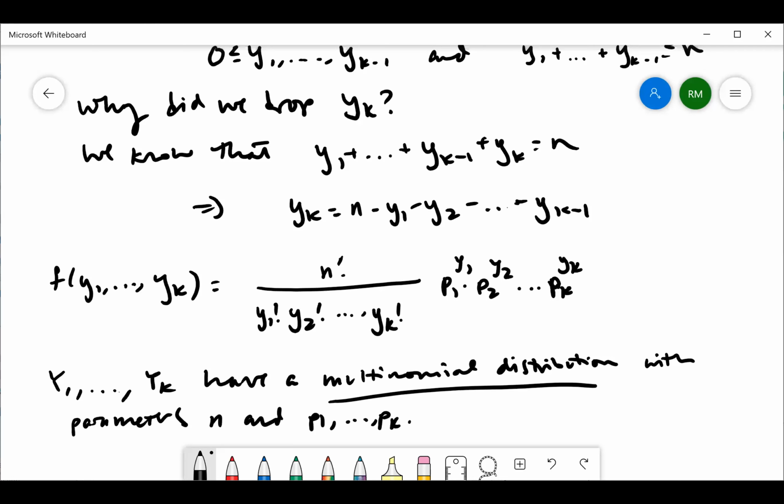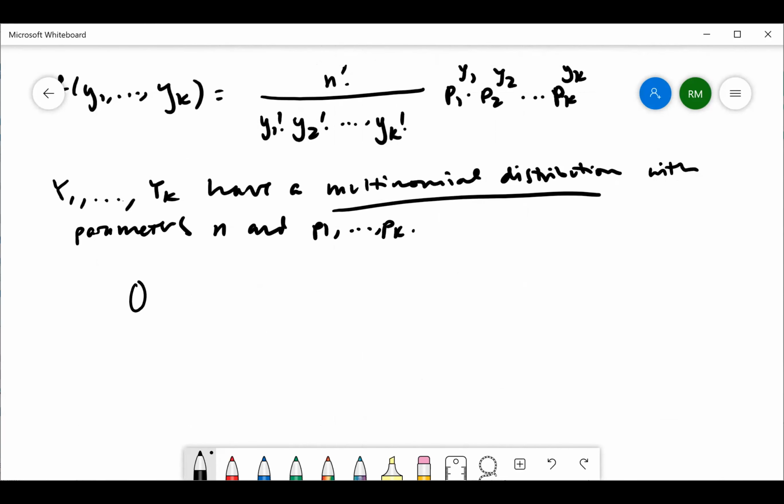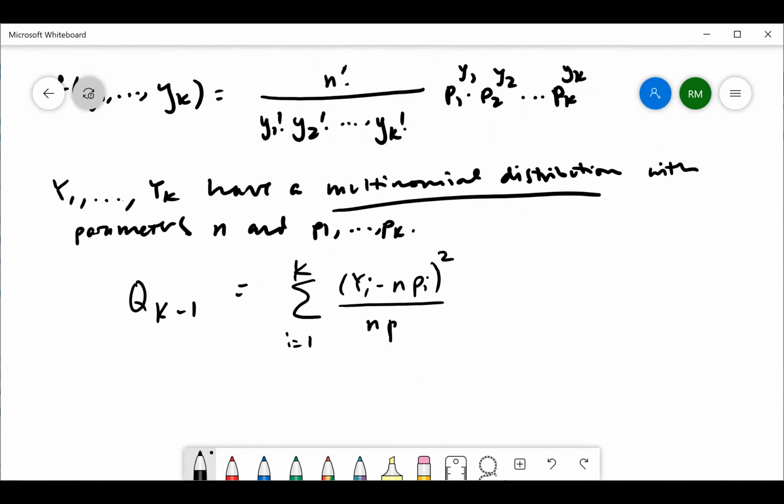So knowing this multinomial distribution, we can write an expression very similar to when we had the binomial distribution, where the numerators are the difference between the observed number of experiments that resulted in category i, squared, over the expected values.